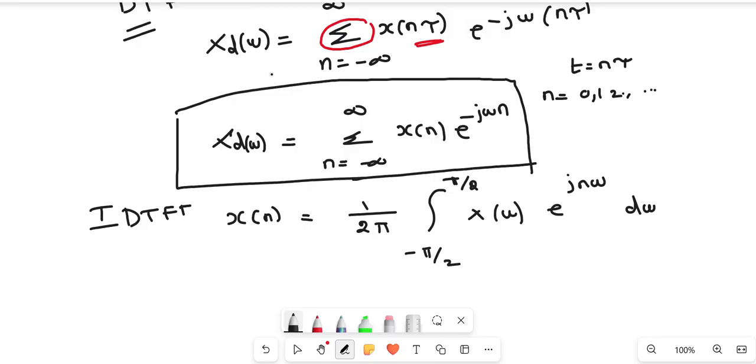If you see this equation, the discrete time Fourier transform, this equation is DTFT. In this, omega is not discretized.